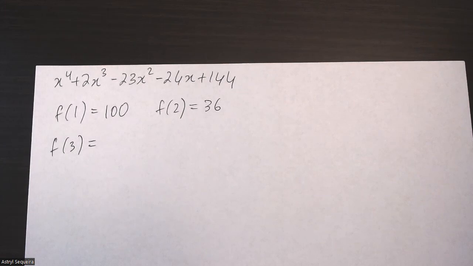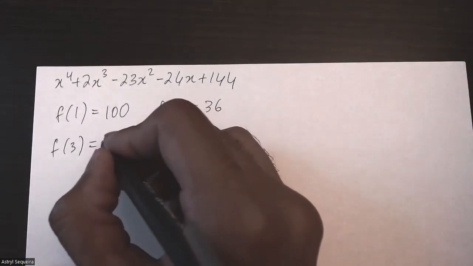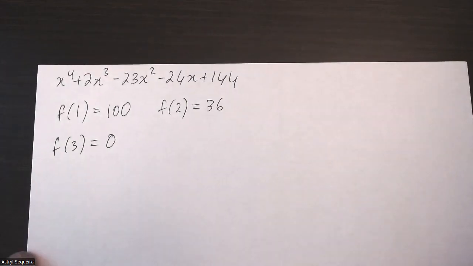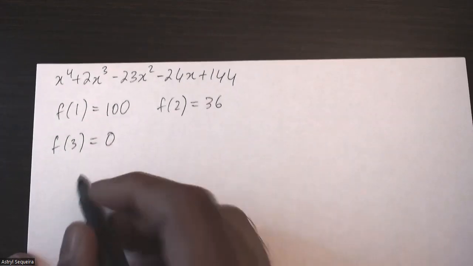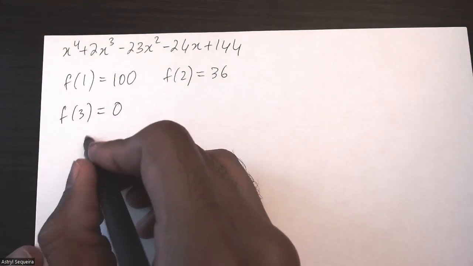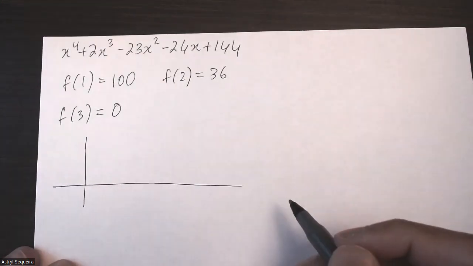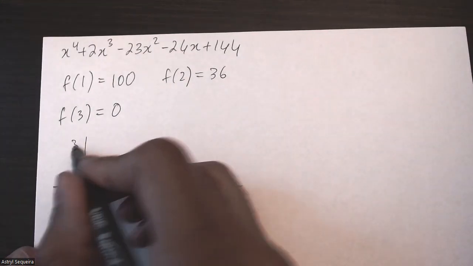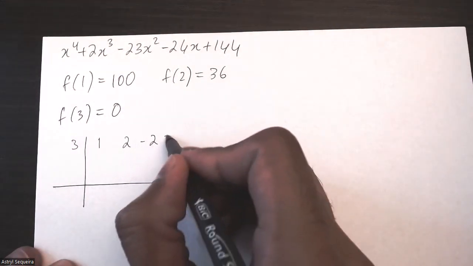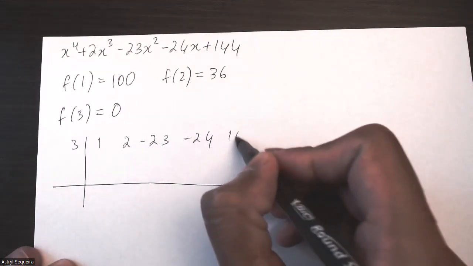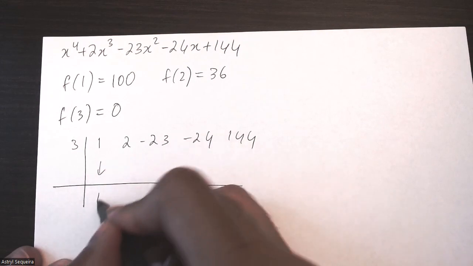And if I sub in 3, I will get 0 over here. Since f of 3 is 0, I can do my synthetic division. 3, 1, 2, negative 23, negative 24, 144.